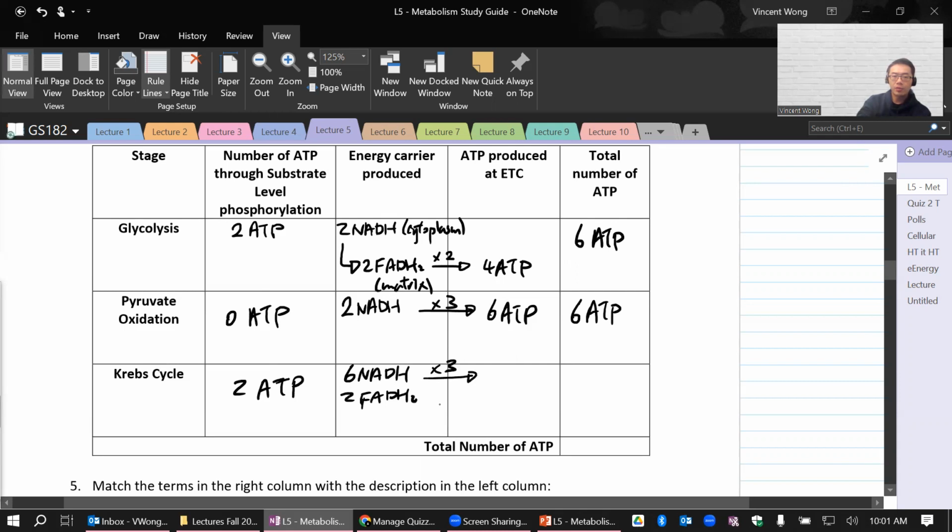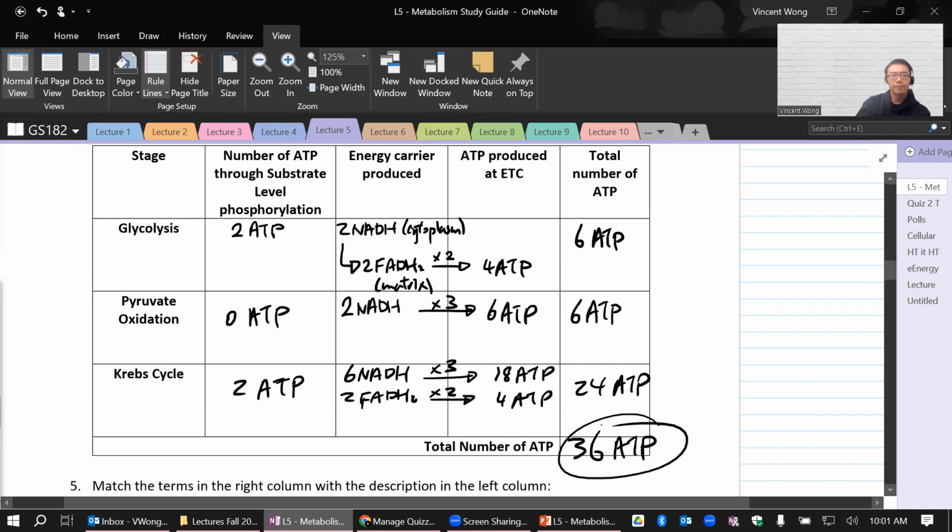They are already in the matrix, so we can take them to the ETC directly. 3 times 6 is 18. 2 times 2 is 4. 18 plus 4 plus 2 is going to be 24. 6 plus 6 plus 24 is 36.